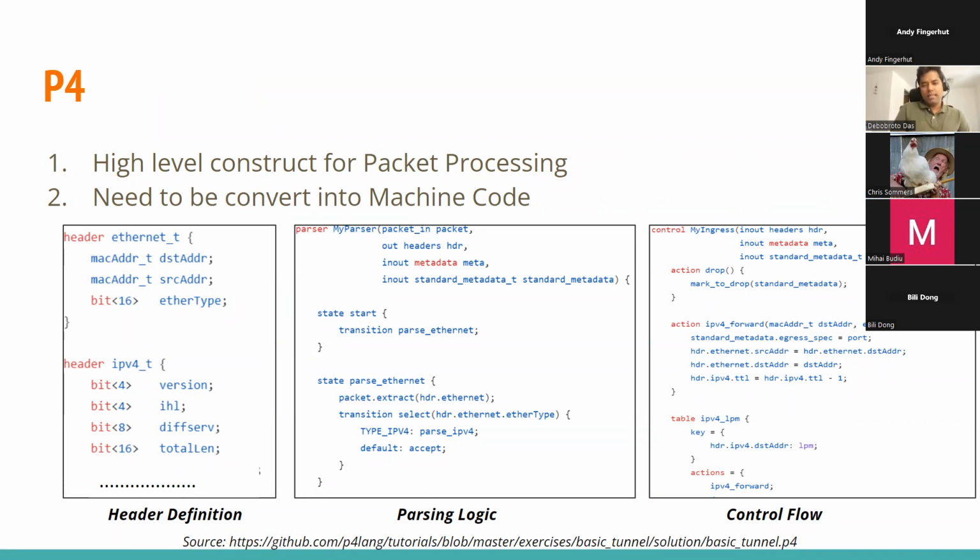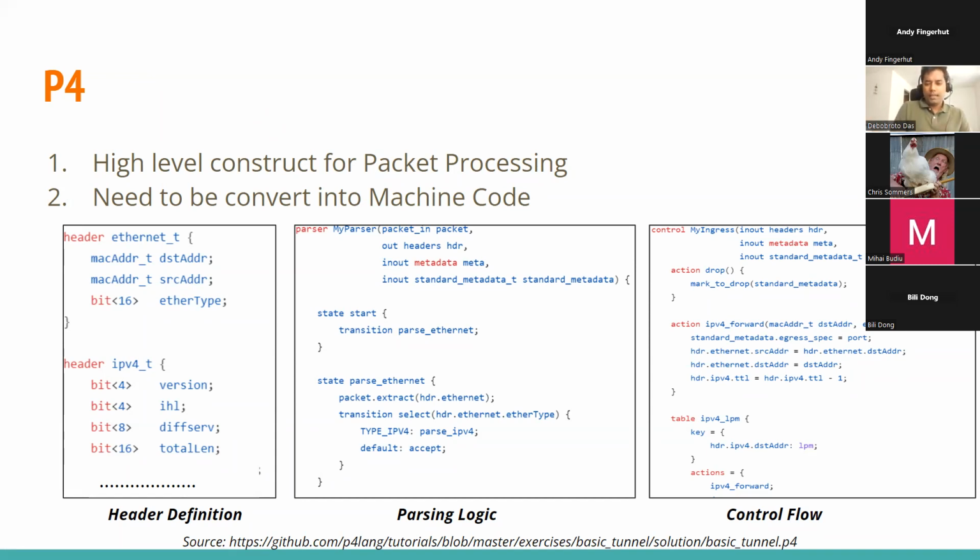P4 is a bit high level, not like Python, just a bit more high level than machine level programming. You can write packet parsing and processing logic, but the language constructs in P4 are not fully aligned with the hardware capabilities.